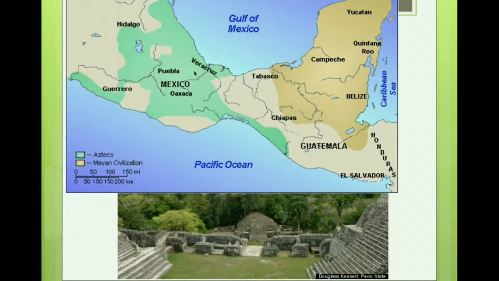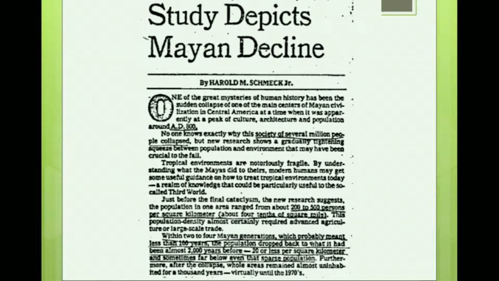Even being nearby. This is a little clip of a New York Times paper from back in 1979, and it's an interesting read. At this point in time, one study came about that highlighted one of the reasons the Mayas could have collapsed: abuse of their surrounding environment.